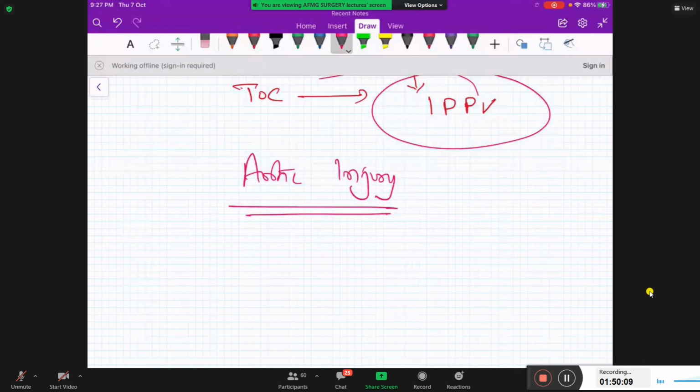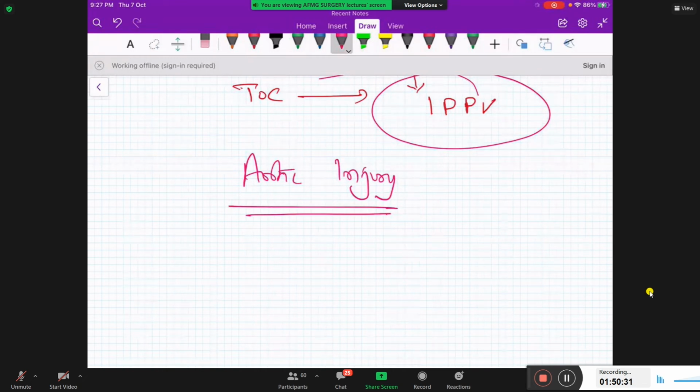The second common cause of sudden death in penetrating thoracic trauma is aortic injury. So that means most of the patients of aortic injury die on the spot. There are very few lucky ones who will reach the emergency services.